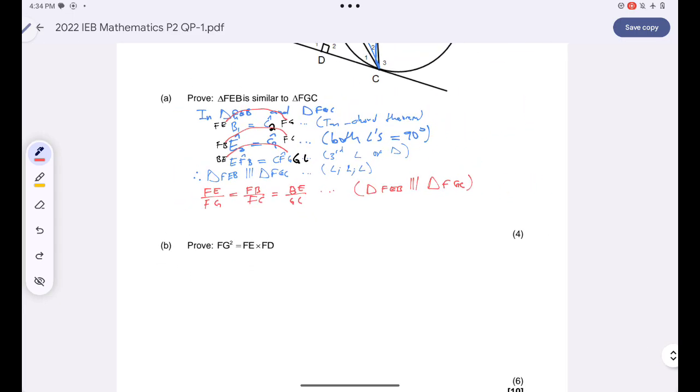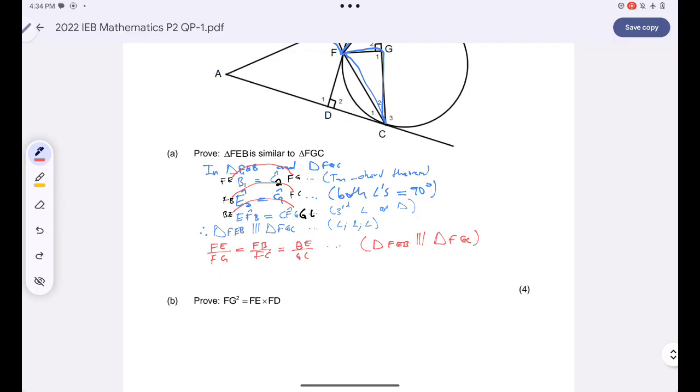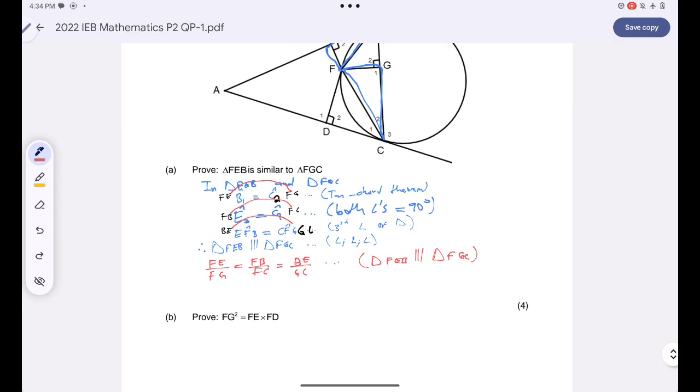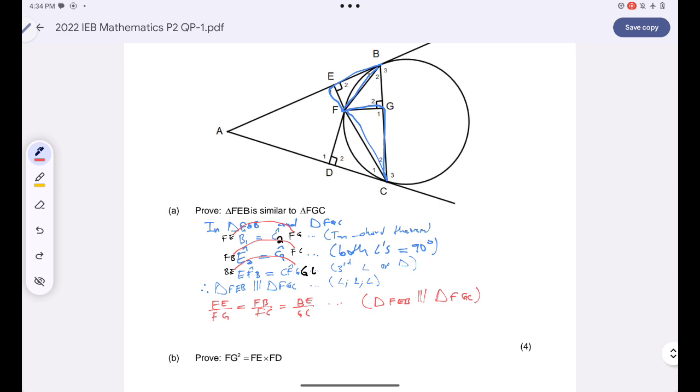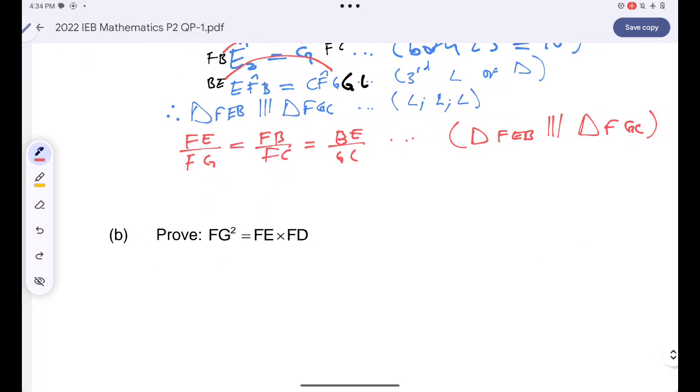Okay, and now we are supposed to prove that FG squared is equal to FE times FD. If we can focus on triangle BFG and also triangle CDF.